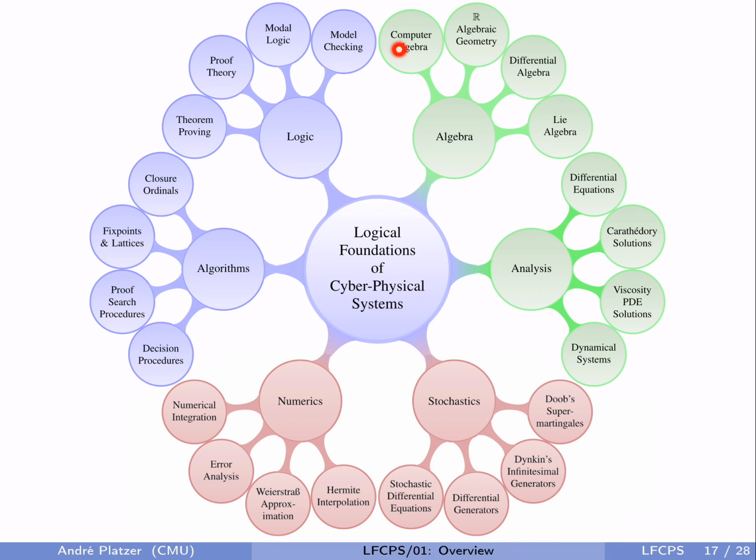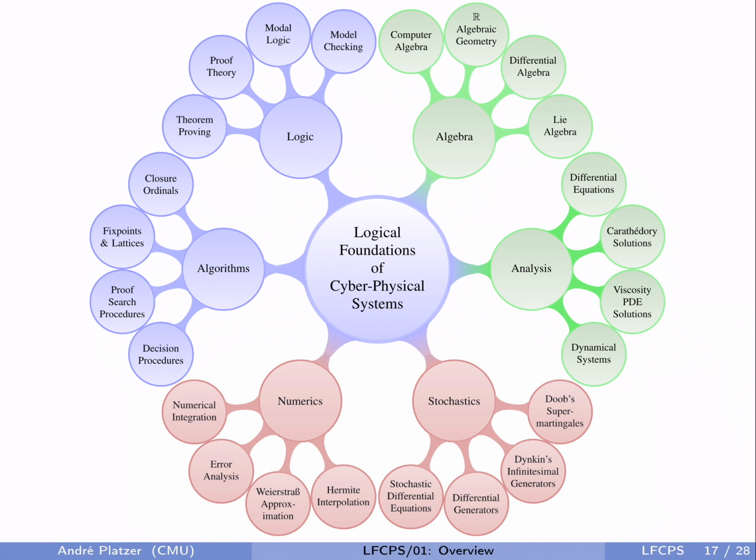For example, there are many aspects of algebra that are helpful, there are many aspects of analysis that are helpful. If you're dealing with stochastic hybrid systems, there are stochastic systems aspects. Numerical aspects can sometimes be of relevance as well. There are many algorithmic parts, and we will see numerous areas of logic that are influencing the logical foundations of cyberphysical systems.